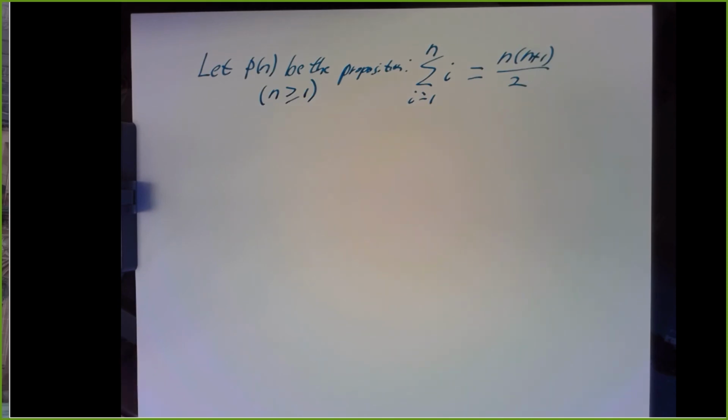All right, a good first question to think about: do we believe this proposition? Do we actually think this is true? So what do you think? Is it true for any values of n?